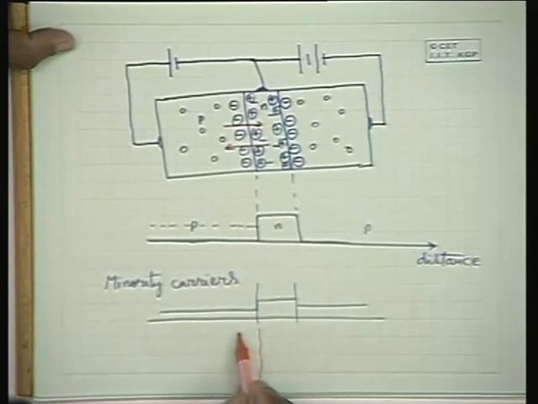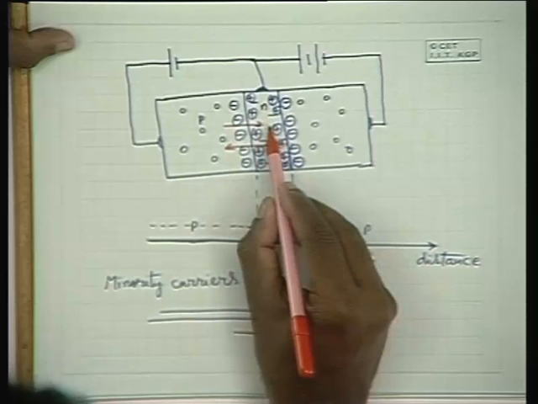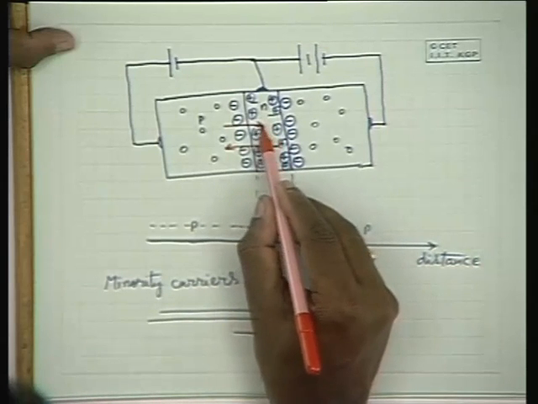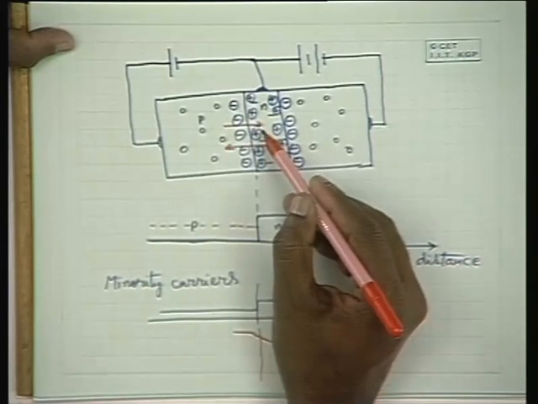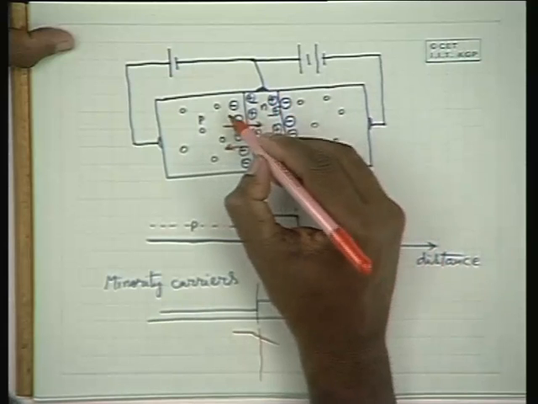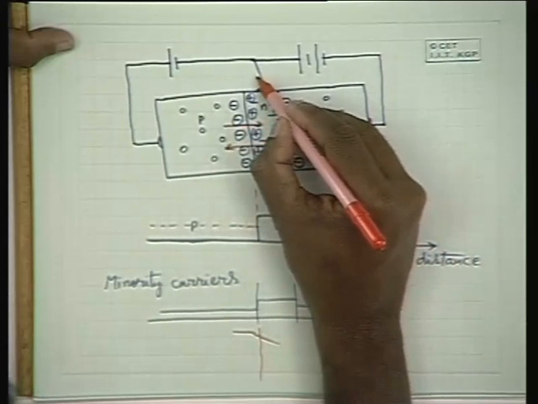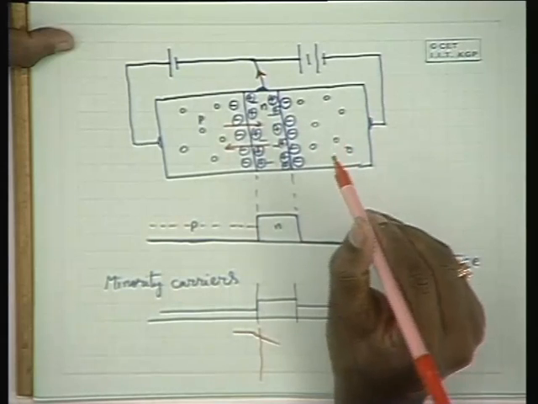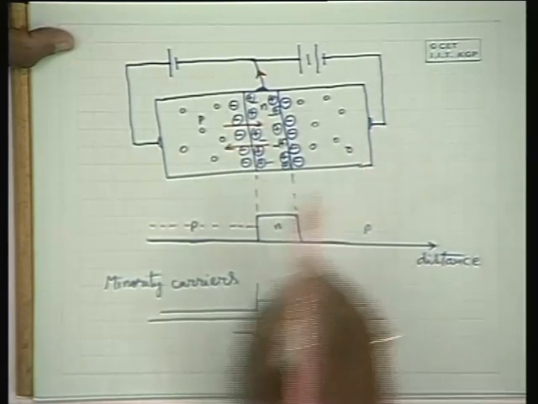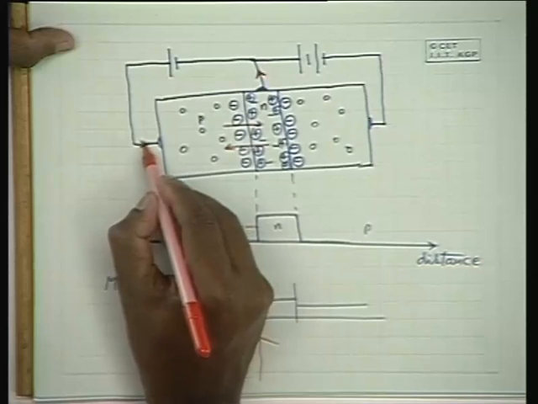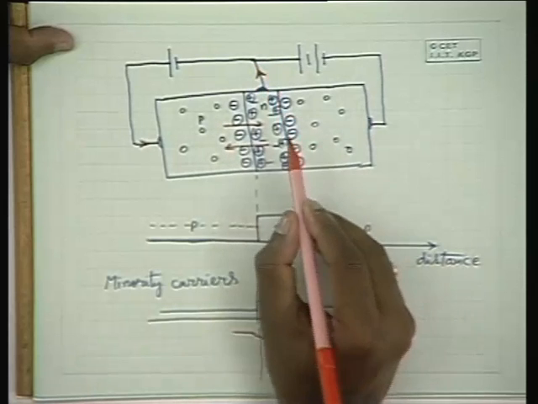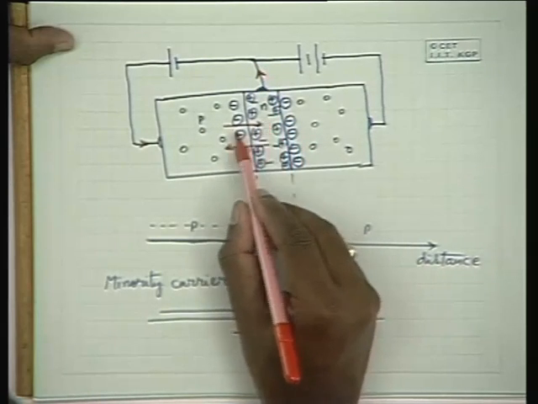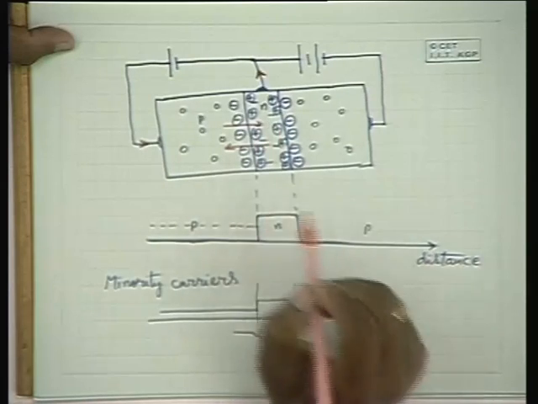Let us consider the hole diffusion. Hole diffusion is very large, and as the holes diffuse into the base side, they recombine with the majority electrons over here, and some current flows through this side. Naturally there would be current passing because of the diffusion, and part of it will definitely go across this because the holes recombine with the electrons over here.